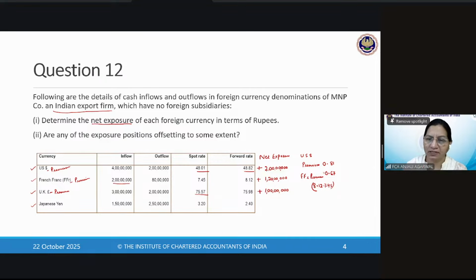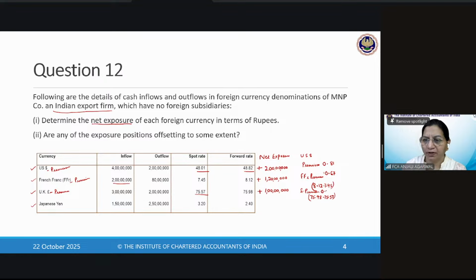So you have receivables. 2 crores receivable, 1.2 crores receivable, and 1 crore receivables. Here also you will gain because the UK pound is also at premium. How much? 75.98 minus 75.57.